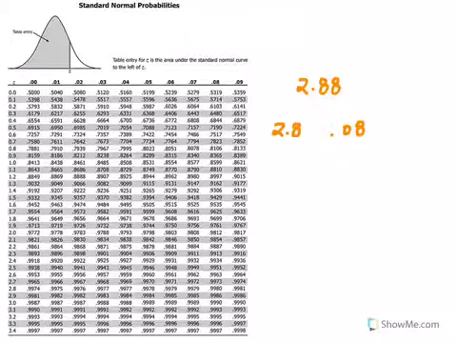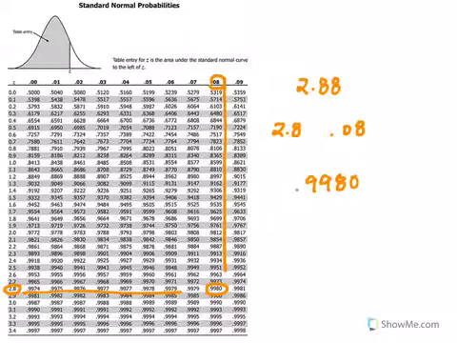So we come down to 2.8 and over to 0.08, and we find where they intersect, which is here. So it says 0.9980. And if we turn that into a percentage, that is 99.80%.